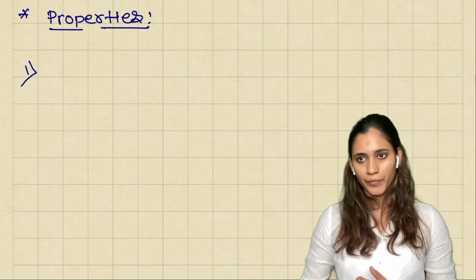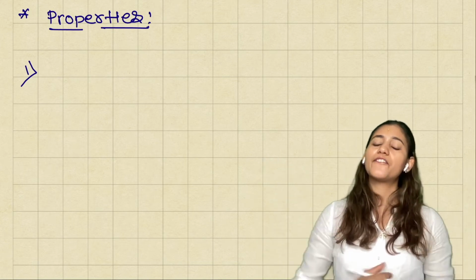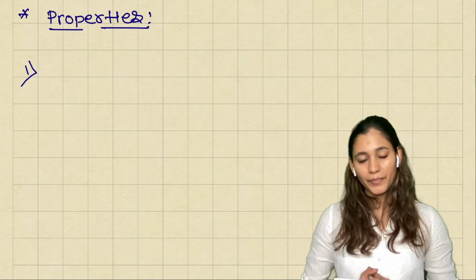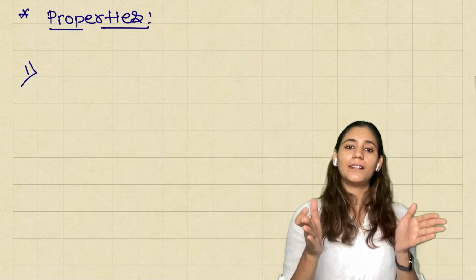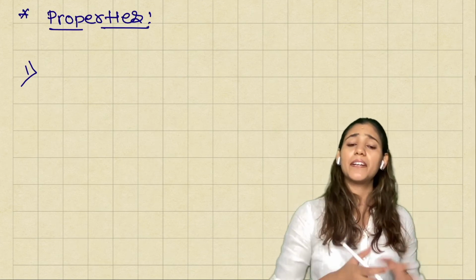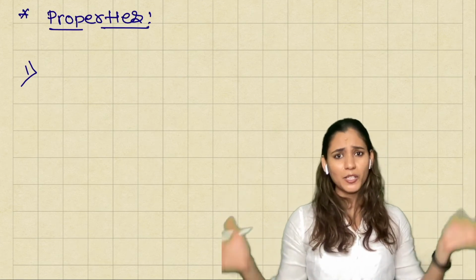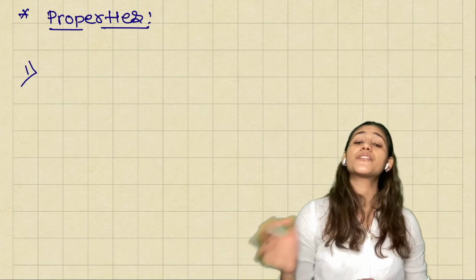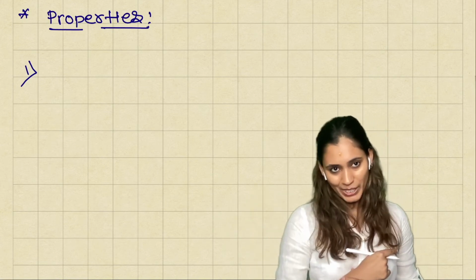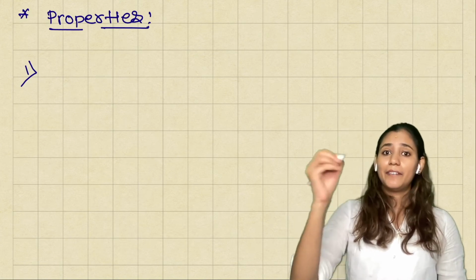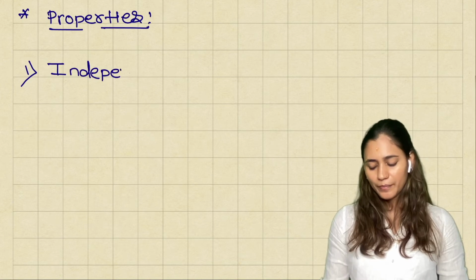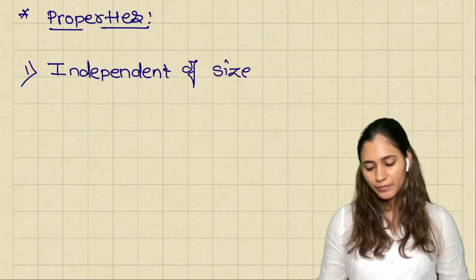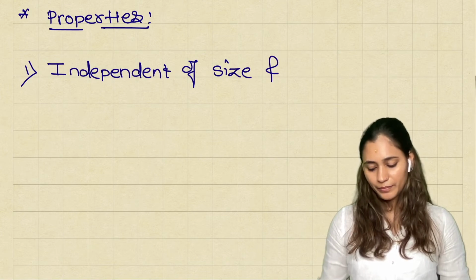The answer is no. The size of the object does not matter, and even the area: if the table had a smaller width and now the width has been increased or decreased, the frictional force will not change. So it is independent of the size and the area of the object.